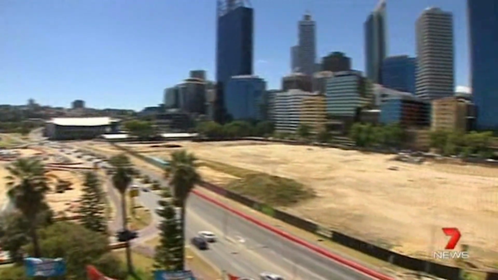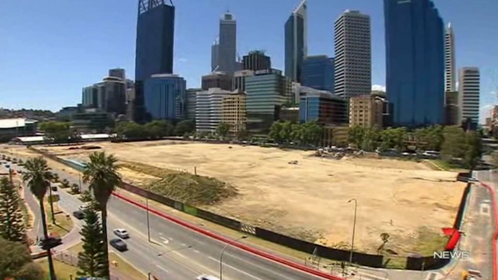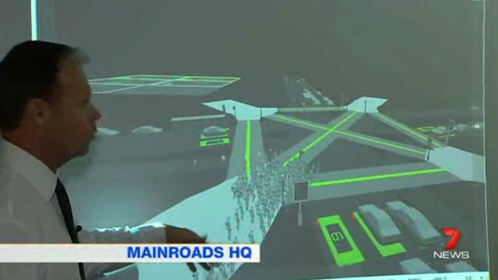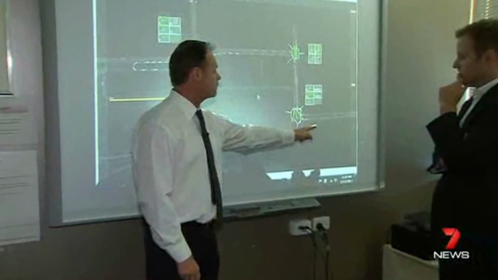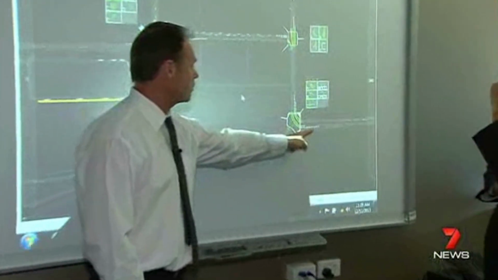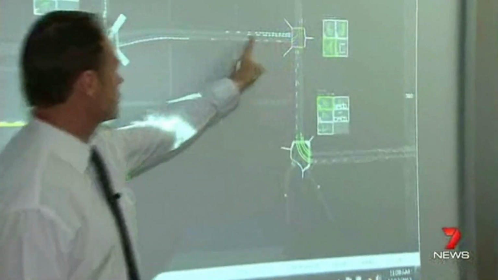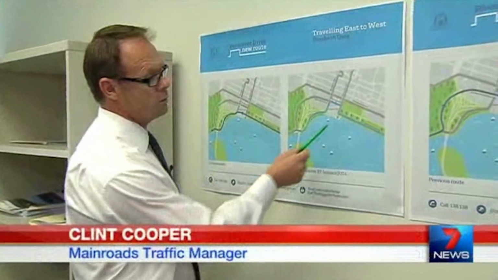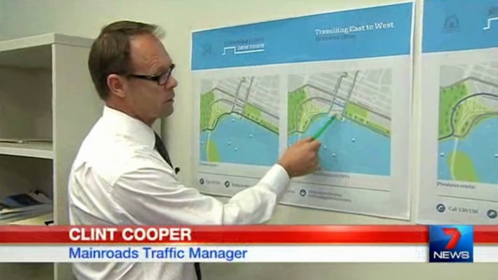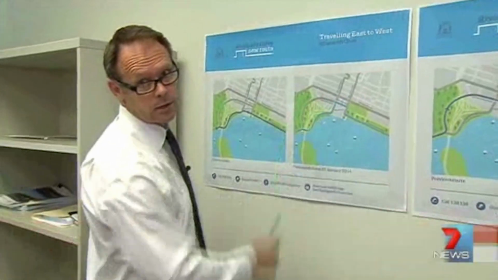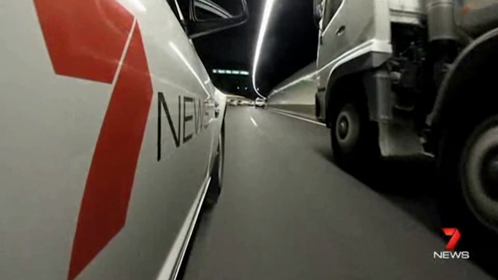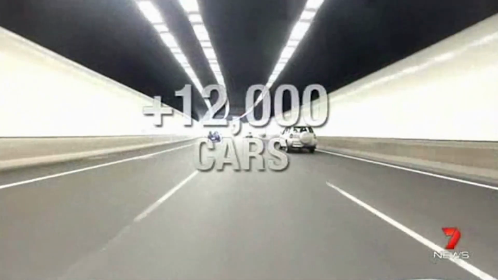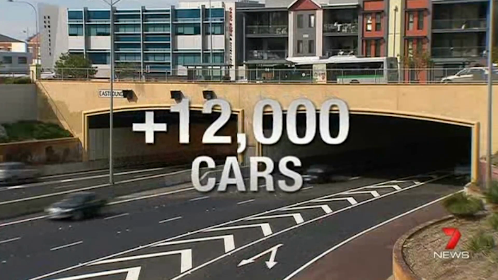Elizabeth Quay takes shape where Riverside Drive will disappear forever. Here we have many thousands of pedestrians that cross. At Main Roads' headquarters in East Perth, animated predictions show the morning peak traffic flow around the new inlet. The journey time may be a minute or a couple of minutes longer. We will be customising the traffic signals to make sure that the flow around there is as good as we can get it. Main Roads says the best alternative to Riverside Drive is the tunnel. An extra 12,000 cars a day are expected through it.